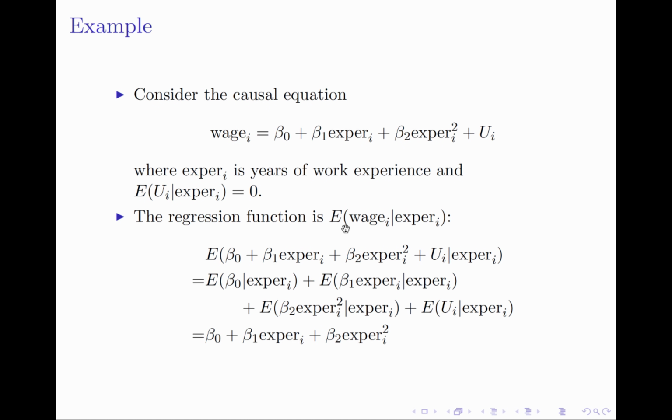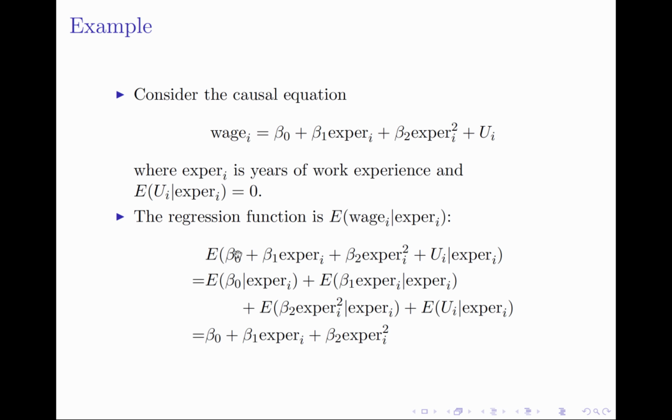The regression function that we want is the expectation of wages given experience, which means we're going to take the expectation of the right-hand side of this equation up here, conditional on experience.